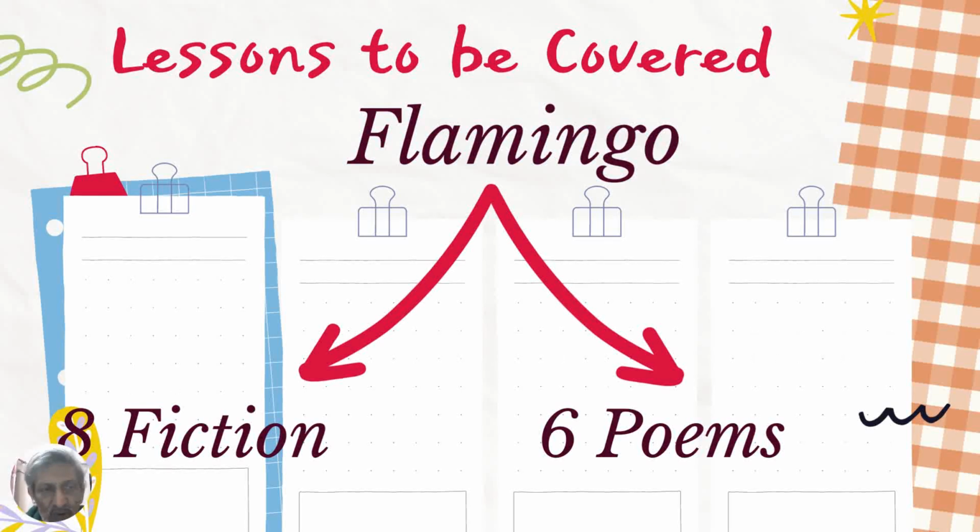Each one has got its own moral value that you should understand, and its setting is totally different, set all over the world. And it has 6 poems by very famous authors, and every poem has got the essence or a lesson for us to learn. That's important.